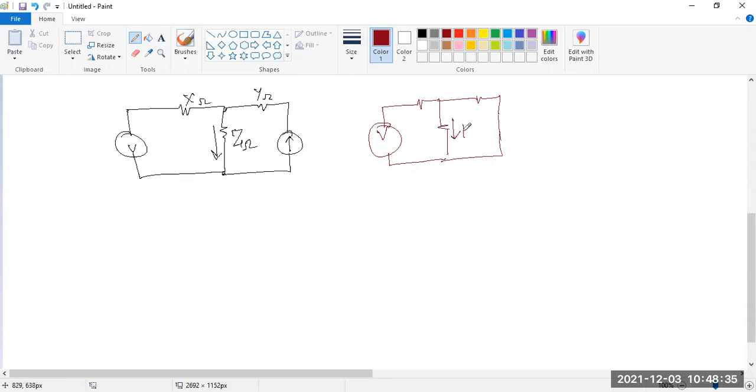Then if there is an I1 and if internal resistance, okay, and if it is there, then sorry, this current source will be open, okay, and if it is a voltage source, then it is shorted.